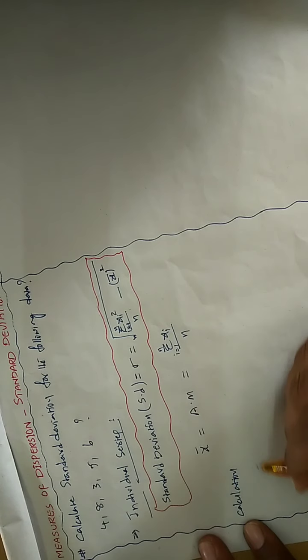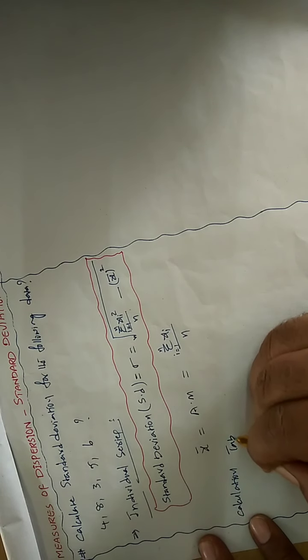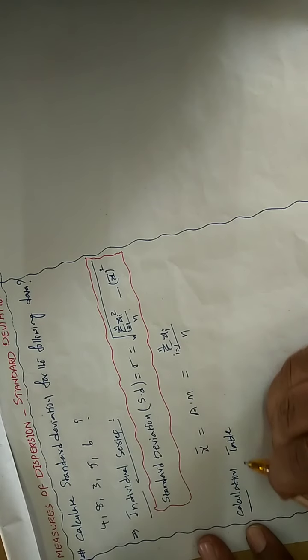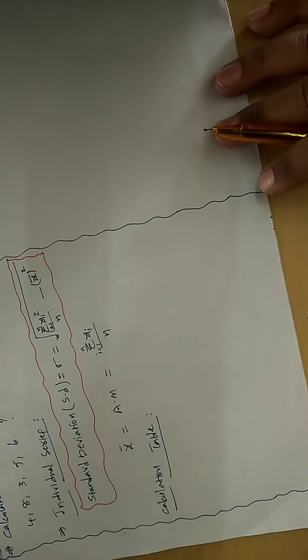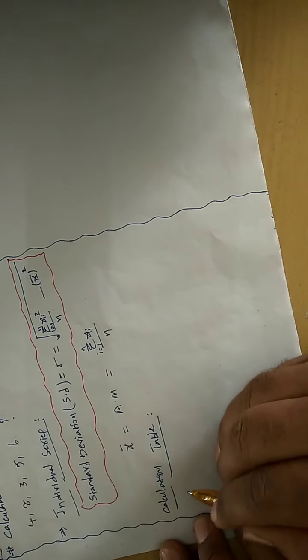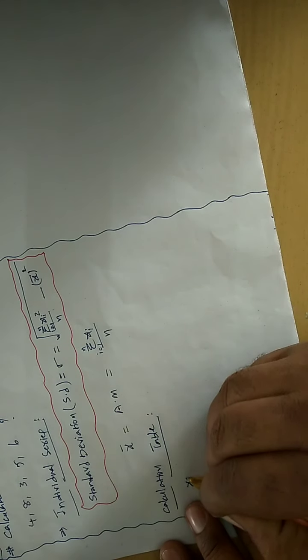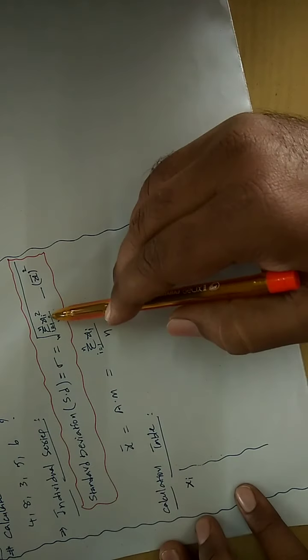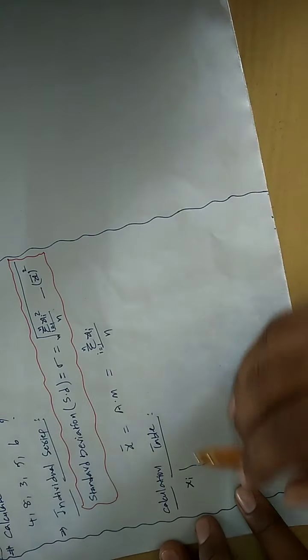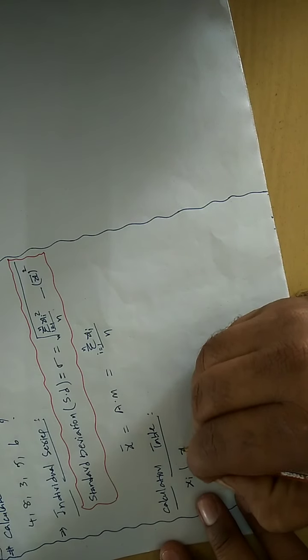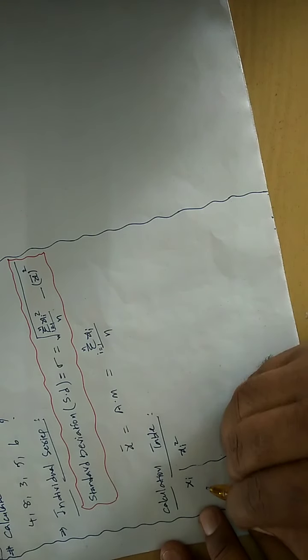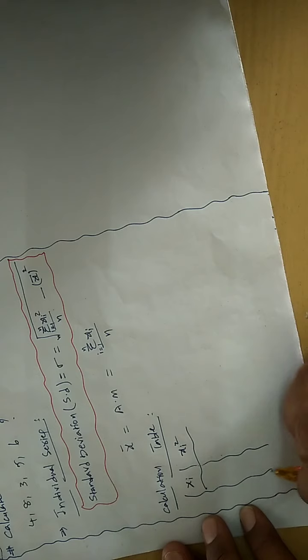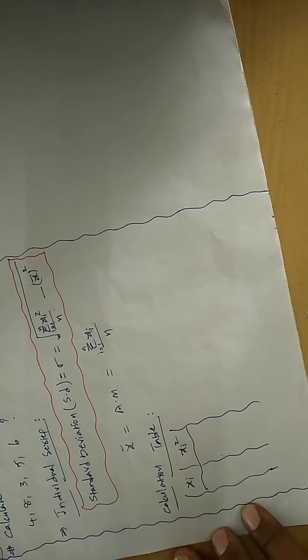The given values we presume as xi. Next, what is the total required according to the formula? Xi square, the squaring of those values. This becomes a simple calculation table.